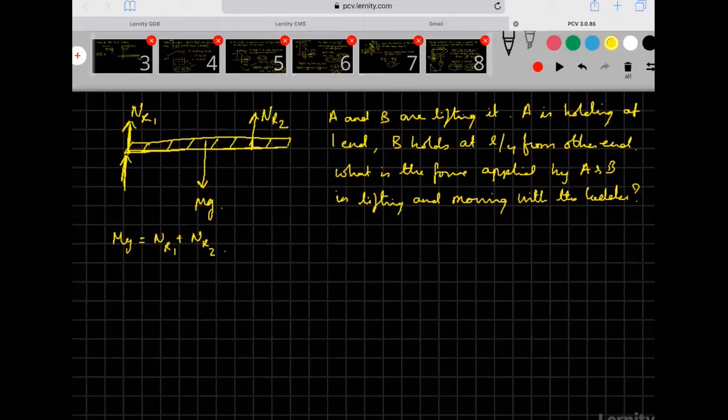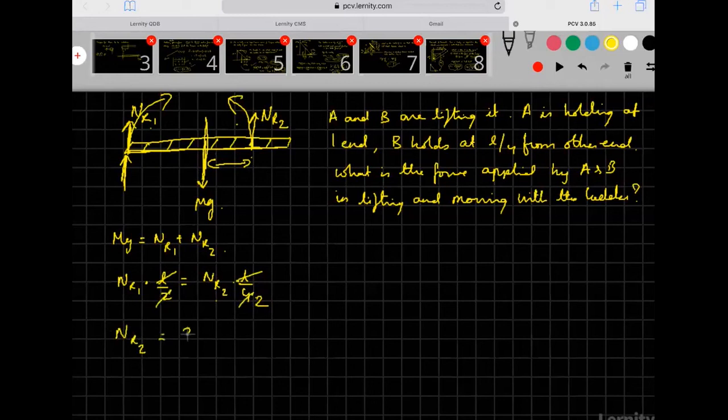Next, we want to see what equations we get because of rotation. Because of rotation about this axis, this is going to rotate it anti-clockwise. So NR1 into L by 2 must be equal to NR2 into L by 4, this is clockwise. This distance from here to here is L by 4. So force into perpendicular distance from the axis to the point of application of the force. L gets cancelled, 2 gets cancelled.